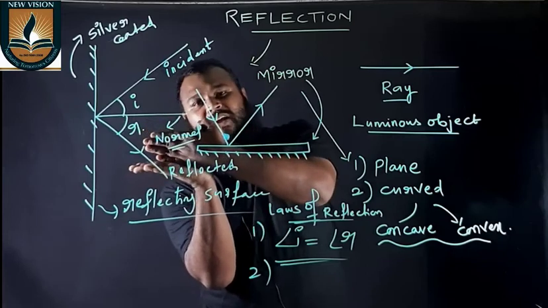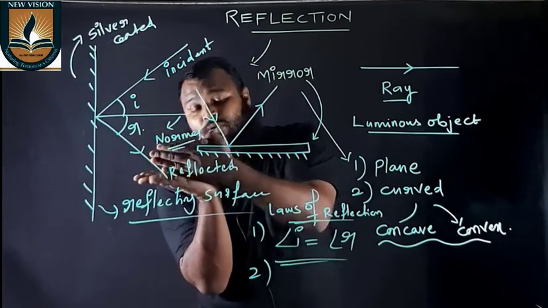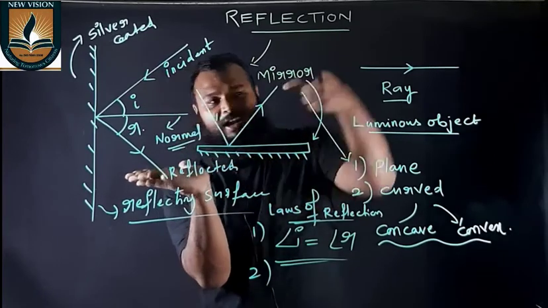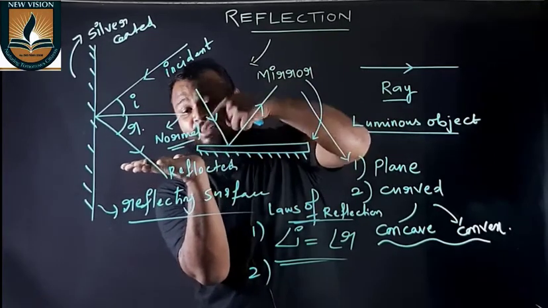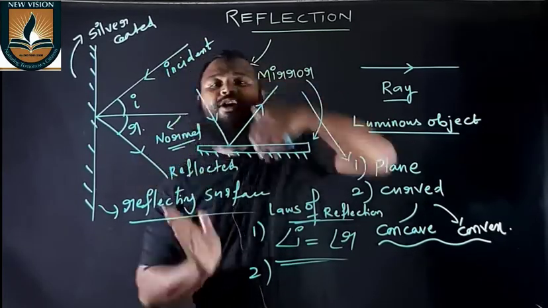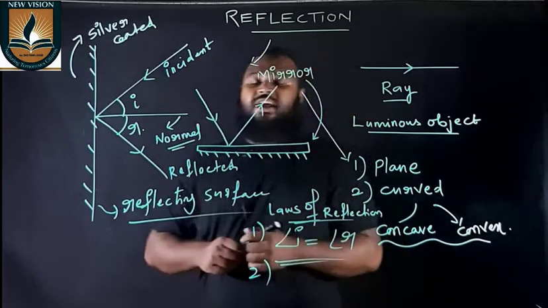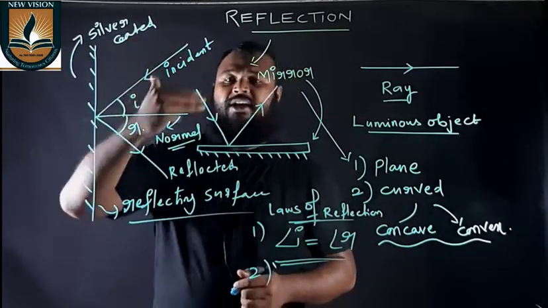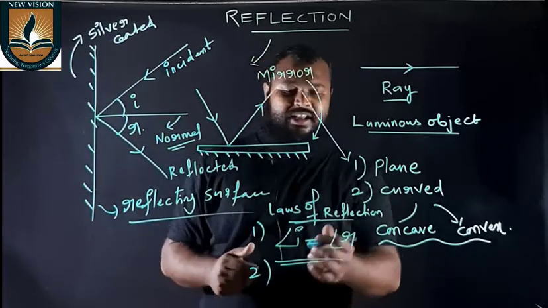So all of them lie in the same plane. Meaning what? Suppose this is the incident ray. The reflected ray will not be in a different plane. The ray will not be reflected like this, but it is reflected in the same plane where you draw the normal.